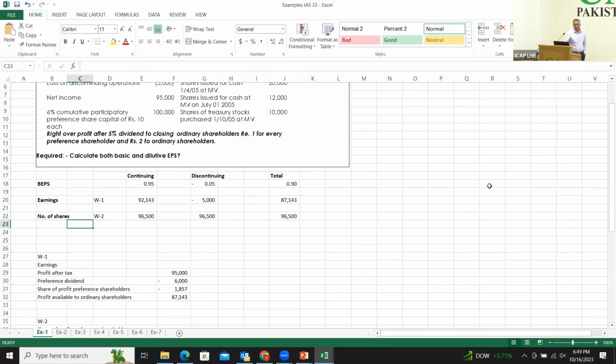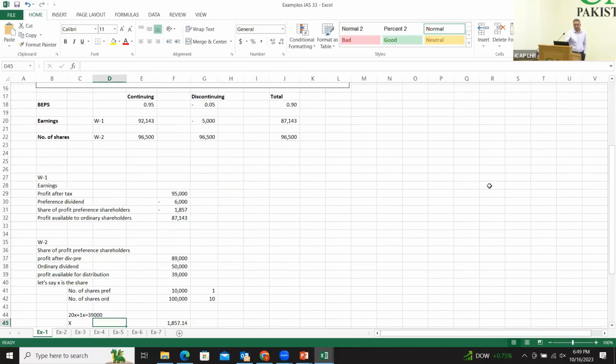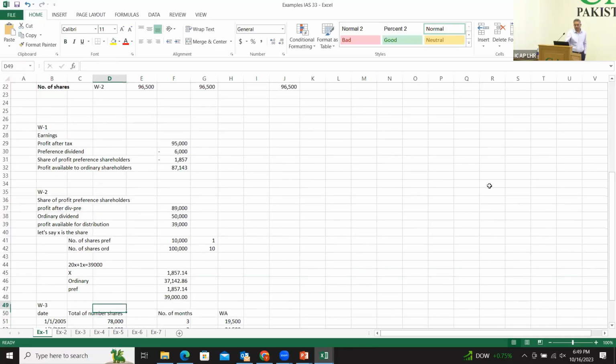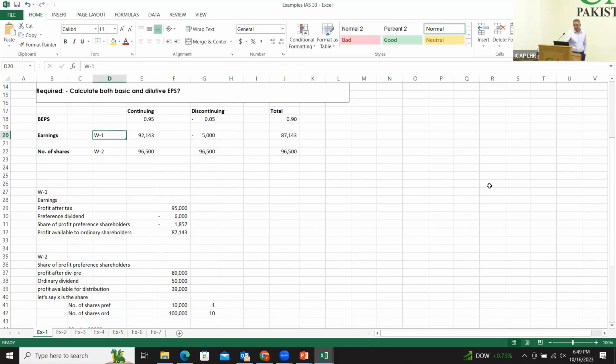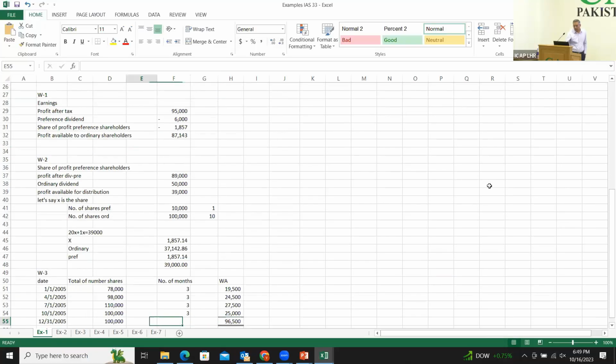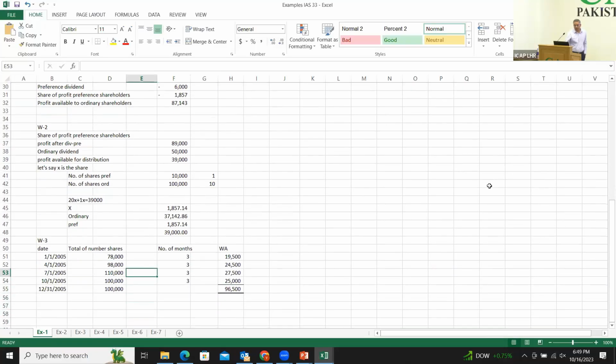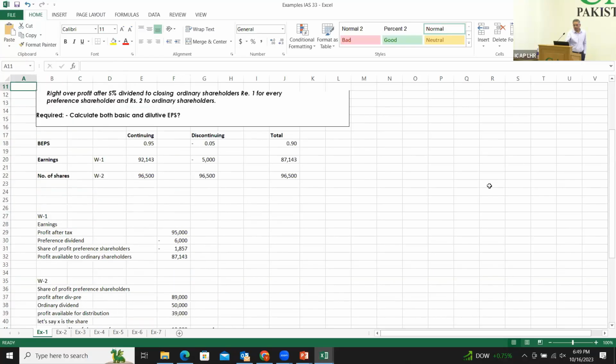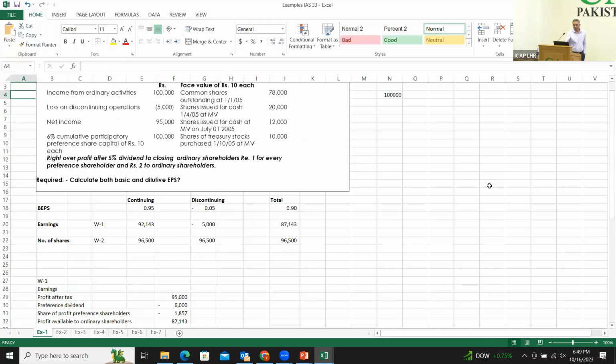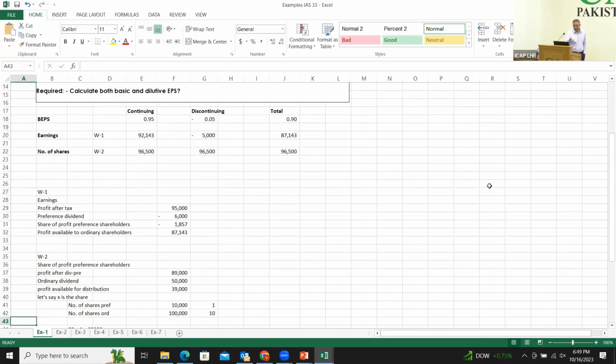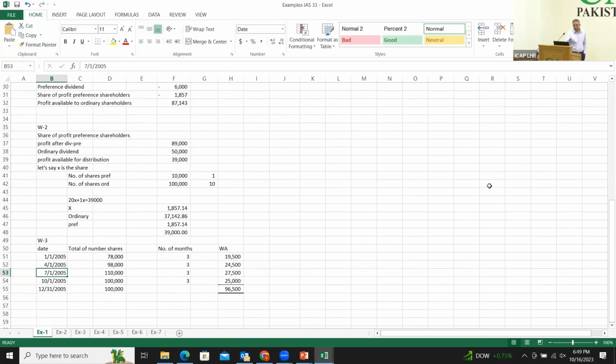Then you will calculate the number of shares. Here is the weighted average number of shares. So at the start, there is a trick in the example. Closing number of shares were given. Sorry, no, opening given, 78,000. Then you have the second issue, 98,000.